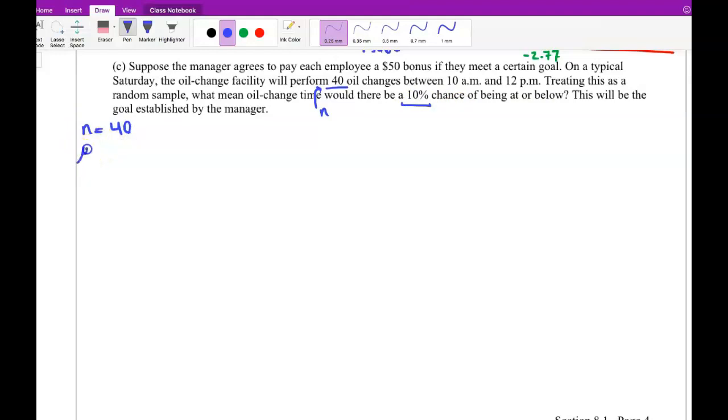Here again, based on the previous part, the mean is 11.4, and the standard deviation is 3.2 divided by the square root of 40, so it's 0.5060.